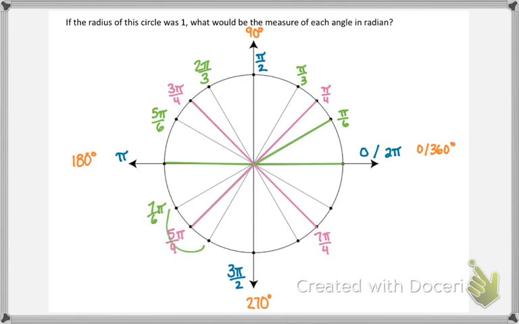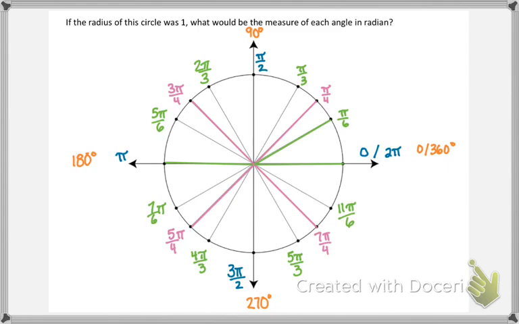Okay, and then 8/6, which reduces to 4 pi over 3. And then 9/6 reduces to 3 pi over 2, and then finally 10/6, which reduces to 5 pi over 3, and 11/6 of pi.